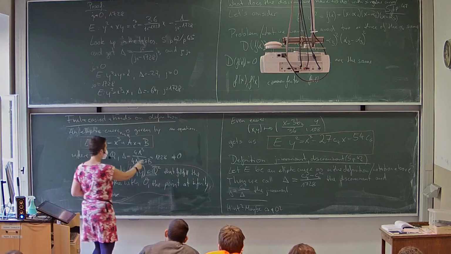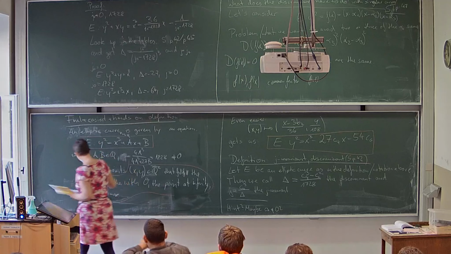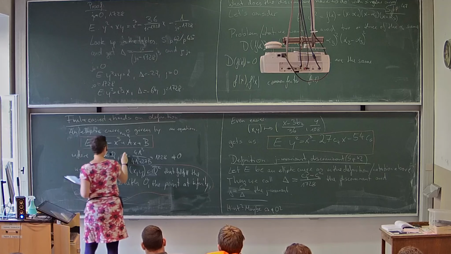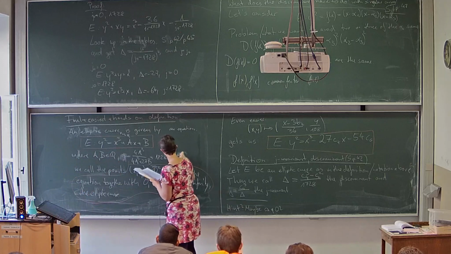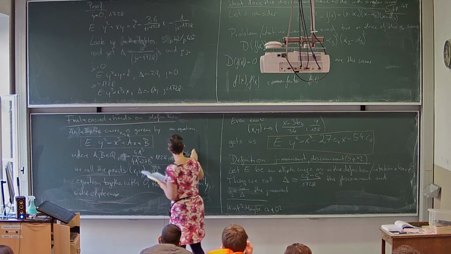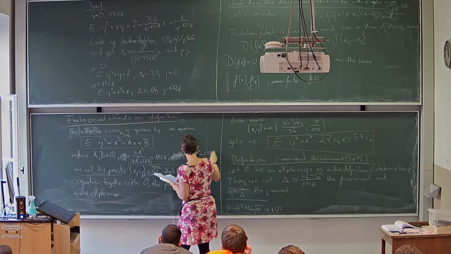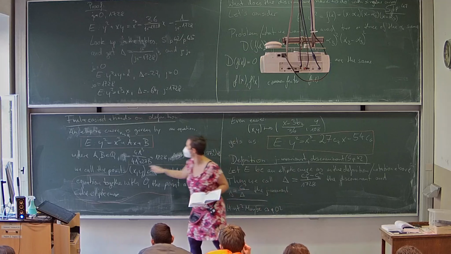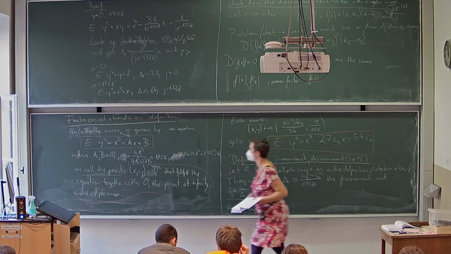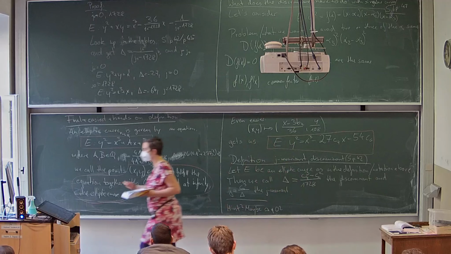Oh, I mixed this up. This is the J invariant. Sorry. So this should not be 0, the lower part here of the J invariant. To this we can attach a J invariant.